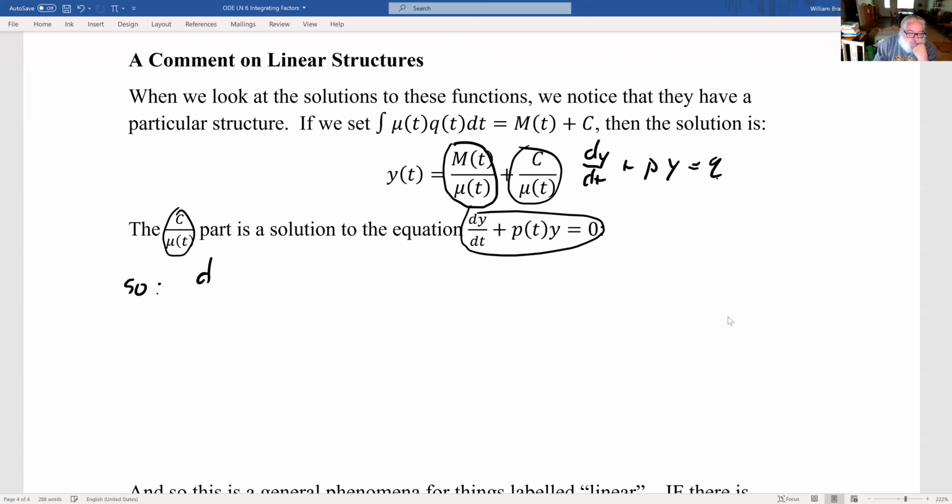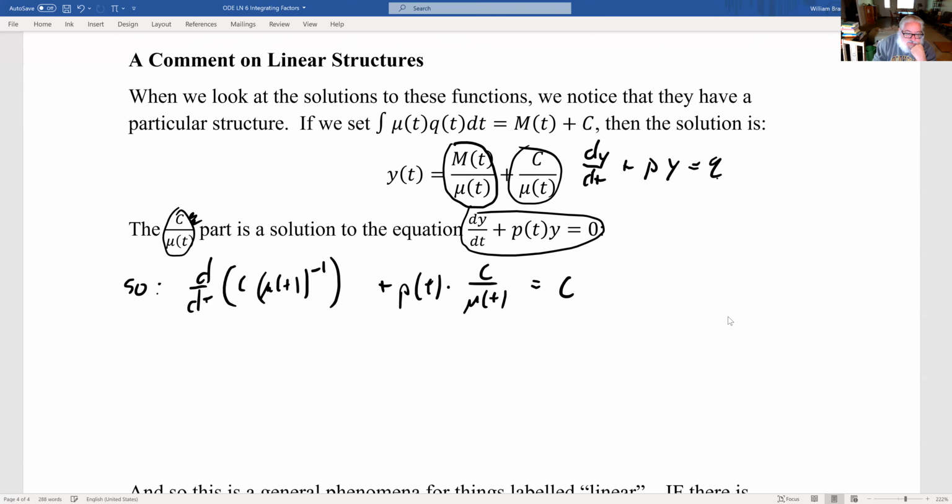So we want the derivative with respect to t of c times mu of t quantity to the minus 1, because I don't want to do the quotient rule, plus p of t times c over mu of t. That's the left-hand side if I plug this thing in. What's the derivative?